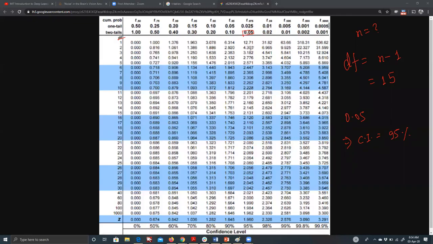For this, you start looking down the table, taking both of these arrows.